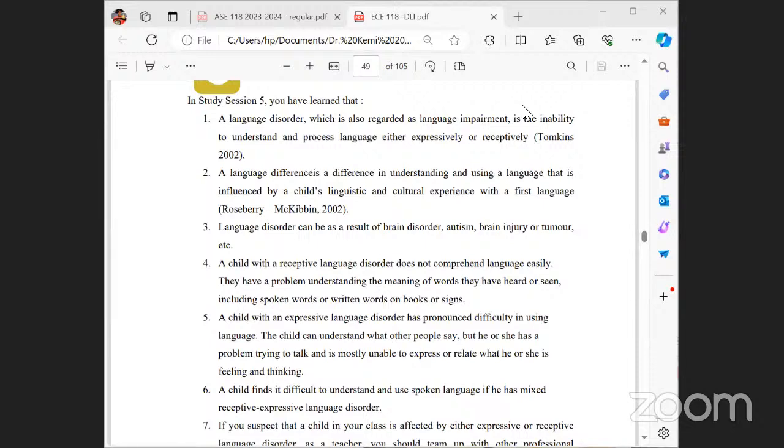I actually have a case of a boy, and my experience is that he has both receptive and expressive language issues. As a teacher, we find it very difficult.